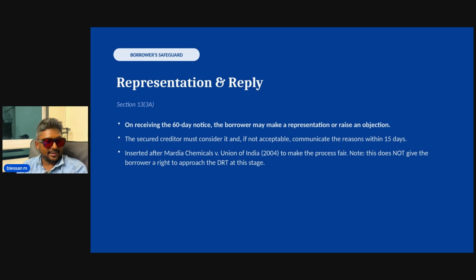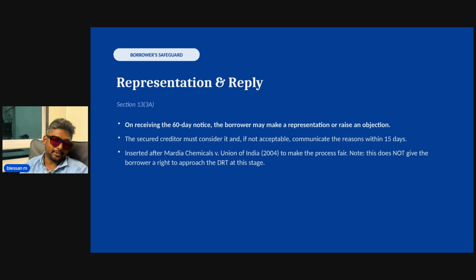And the other thing is that, see, this is just an optional remedy, and if it is not exercised by the borrower, and if at any stage the borrower is aggrieved, then they can actually go to the DRT.